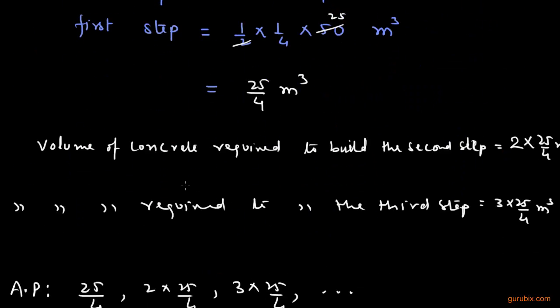Same as, the concrete used to build the second step is 2 into 25/4 meter cube, and the third is 3 into 25/4 meter cube.